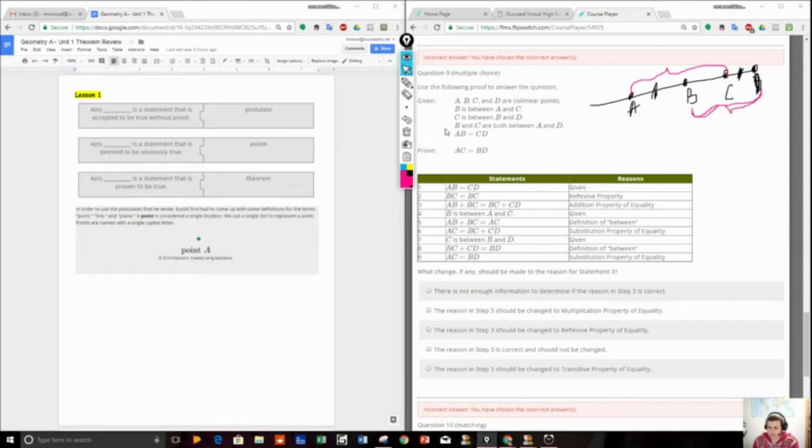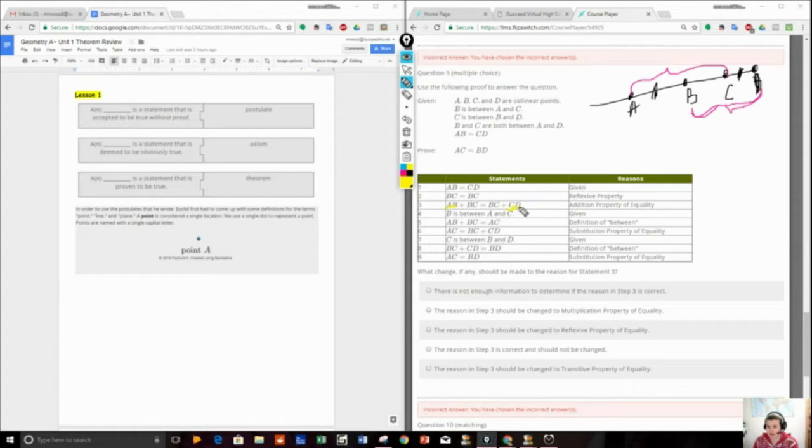All right. So AB equals CD, that is given. BC equals BC, reflexive property. AB plus BC equals BC plus CD. Addition property of equality. The reason why that statement is true is because AB is equal to CD.